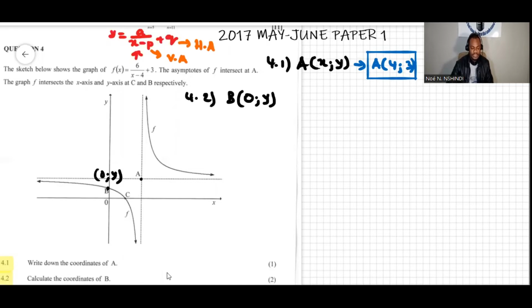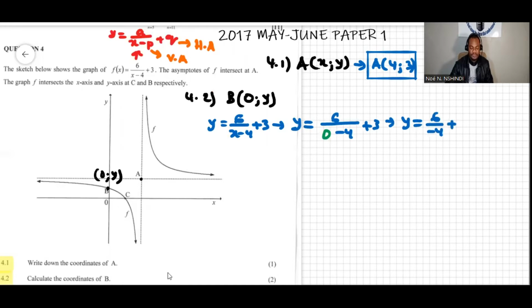The equation f of x is y, so it can be written as y equals 6 over x minus 4 plus 3. So over here, we'll substitute x by its value, which is 0, and then solve for y. Now y will be equal to 6 over negative 4 plus 3, and 6 over negative 4 is just negative 3 over 2, plus 3.